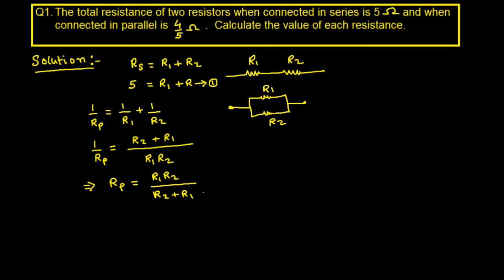By given condition, this equivalent resistance for parallel connection is 4 by 5. That is, Rp is equal to 4 by 5.